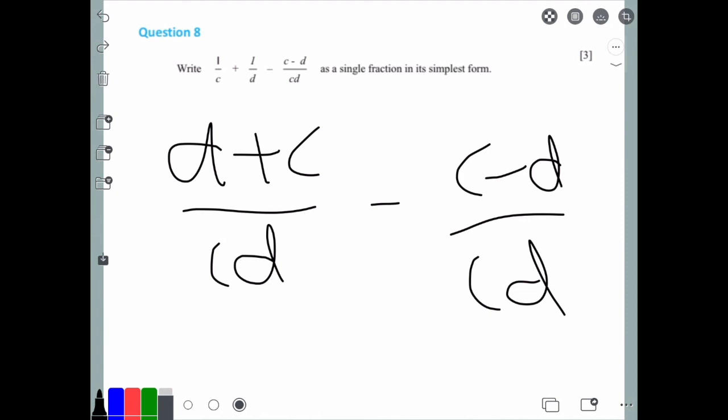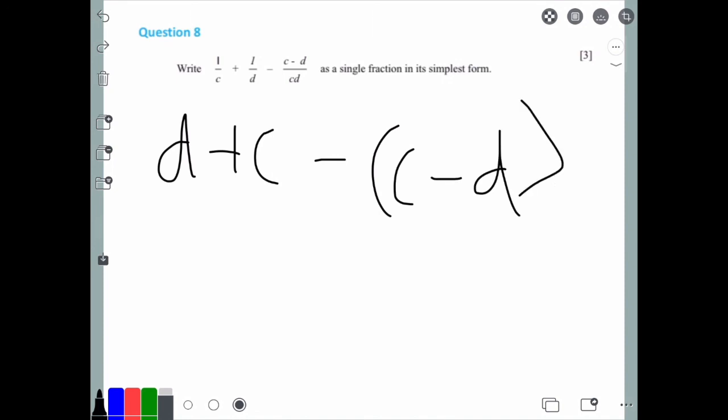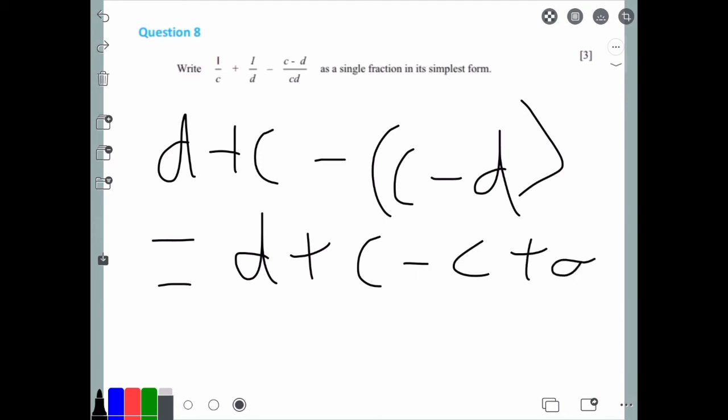And for subtraction, we can also just subtract the second numerator from the first, as we have the same denominator on both fractions. So d plus c minus c minus d would give us d plus c minus c plus d, which equals 2d.